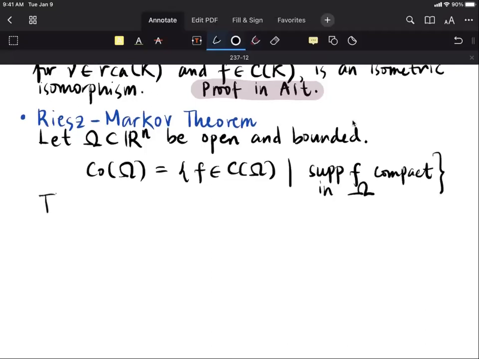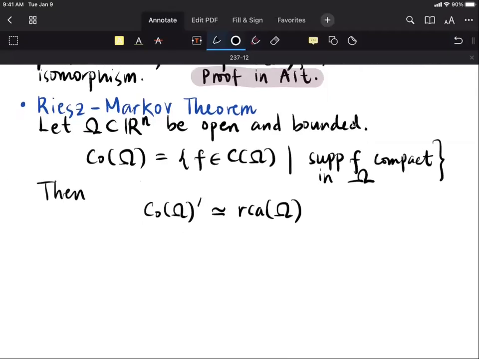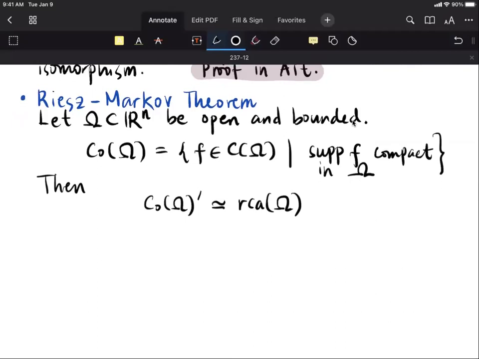So then we also have the following similar duality. The dual space of C naught is also the space of regular countably additive measures in omega.